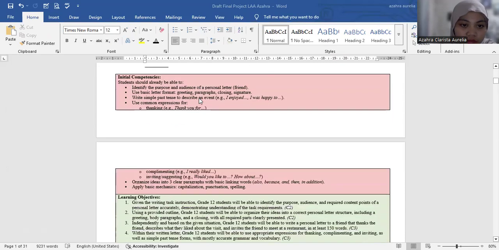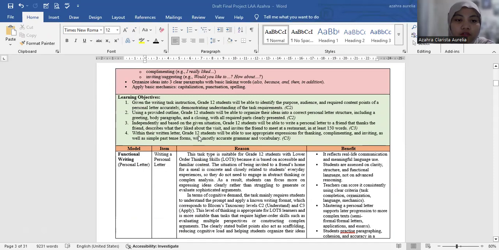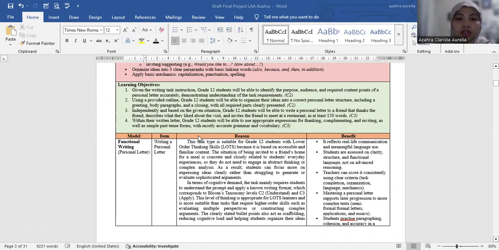So the students should already be able to identify the purpose and audience of the personal letter, use a simple letter format, use simple past tense, and apply basic expressions for thanking and inviting. And then here are the learning objectives for this task. The learning objectives focus on Bloom's taxonomy C2 and C3.